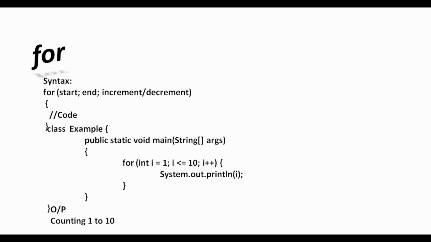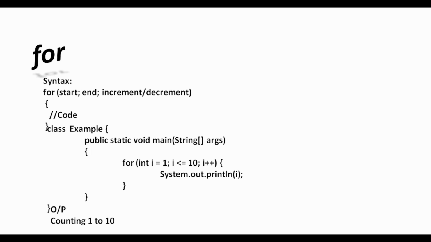So i goes up to the 10th value, and it increments after each execution of the code. In the first iteration, the value of i is equal to 1, and it runs System.out.println, which prints i equal to 1. After that it increments the value to 2, and as the condition is still fulfilled, it prints that value again, and it goes up to the 10th value.